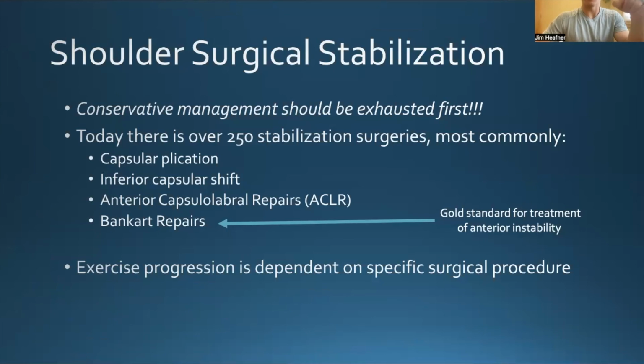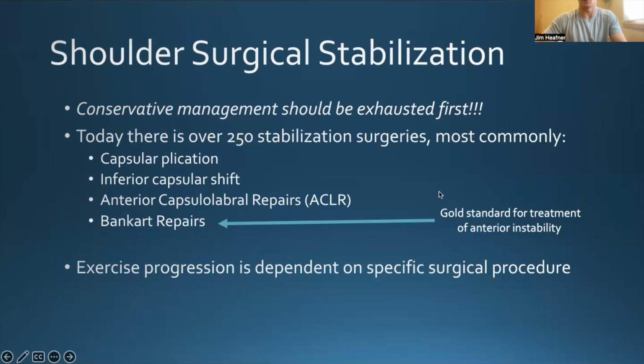There are over 250 shoulder stabilization surgeries, and that seems like a crazy amount. For the AMBRI people who are not having surgery, we need to exhaust conservative management. If conservative management is failing, then we need to do that inferior capsular shift, which is a common surgery.